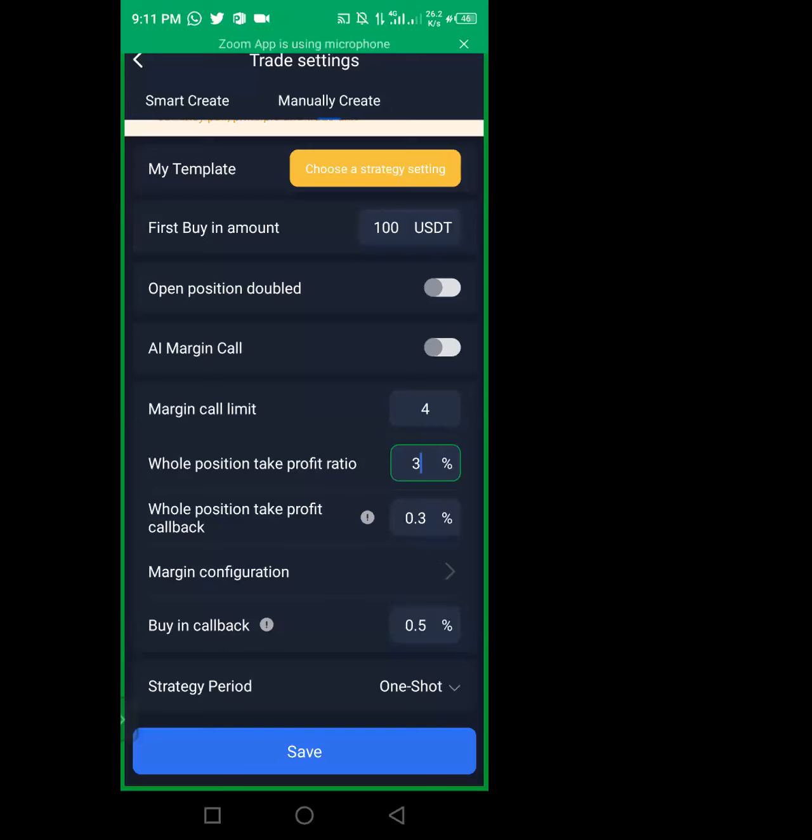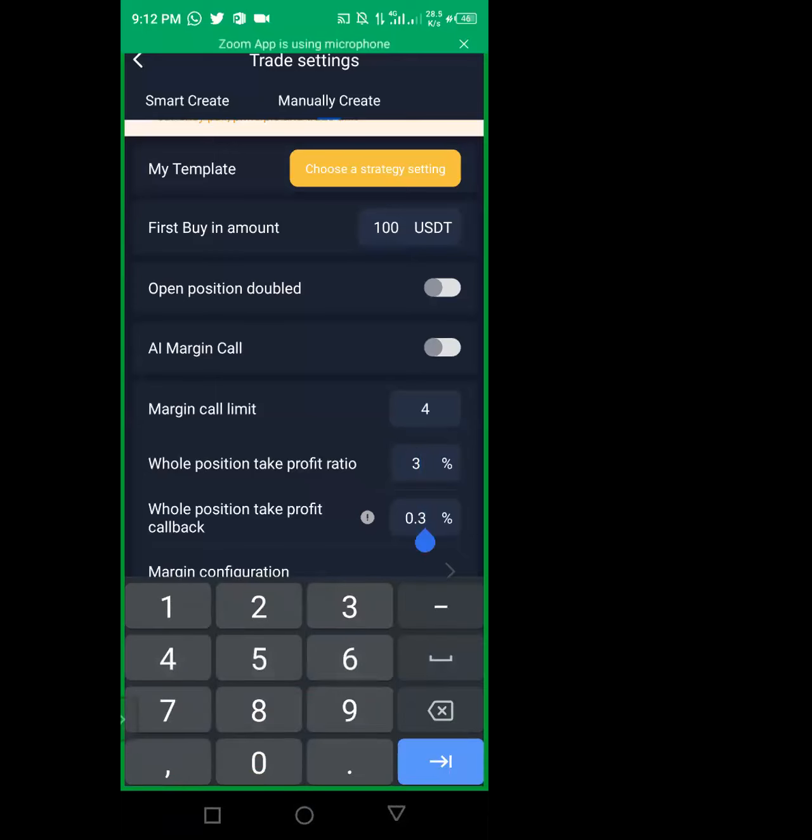If the robot did not buy any margin, it will be 2.7% on $100. That will be your profit. Now, some people will say that is the disadvantage of using a higher callback function.